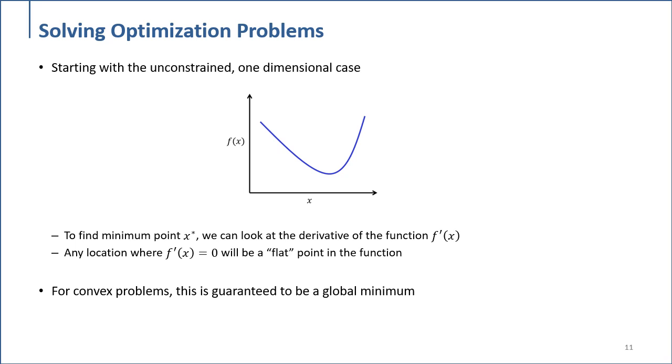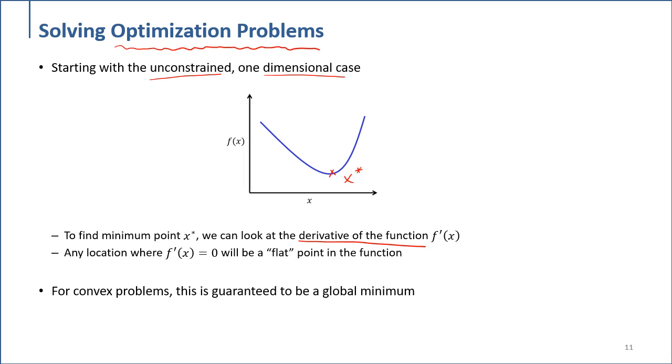Keeping in mind the concept of optimization and its mathematical expression, let's solve optimization problems. From now on, we will only consider convex problems. Let's first start with the unconstrained, one-dimensional case. To find the minimum point x star, we can look at the derivative of the function, f prime x, right?